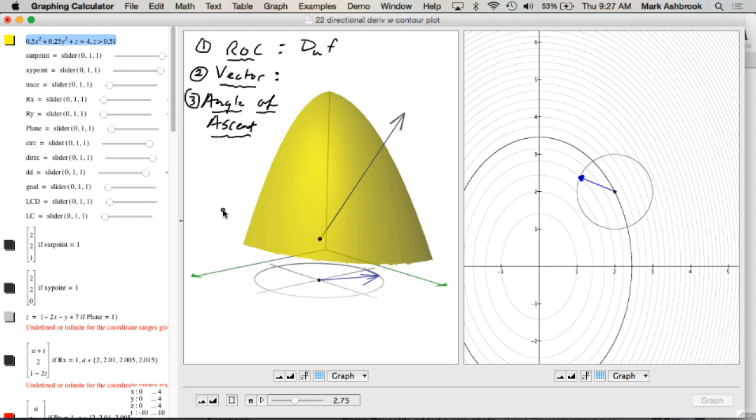Everyone's talking to somebody. Call the rate of change m, the directional derivative. Call the vector ABC, the one I'm showing, and then the angle of ascent beta. What's the meaning of each, and what's the relationship between m, a, b, c, and beta?